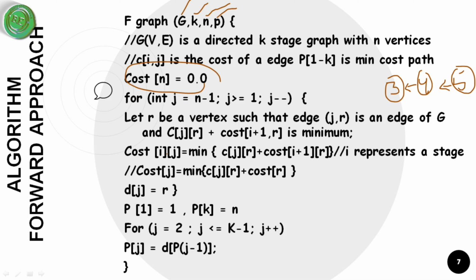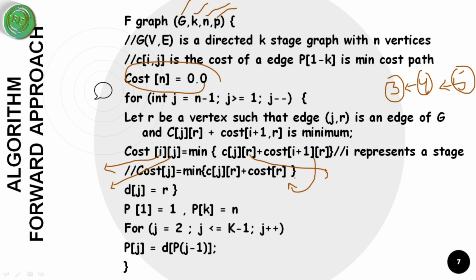So cost of i, j equals minimum of cost of j to r plus cost of i plus 1, r. So I already explained, i represents the stage and j represents the vertex in that particular stage, and r represents the destination node. Okay, and i plus 1 represents the stage of the destination node.